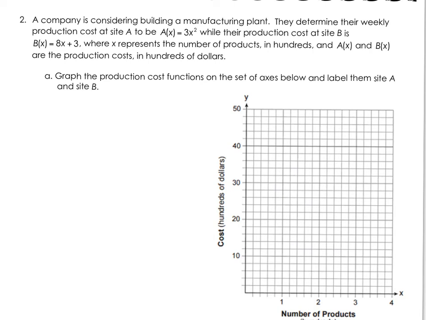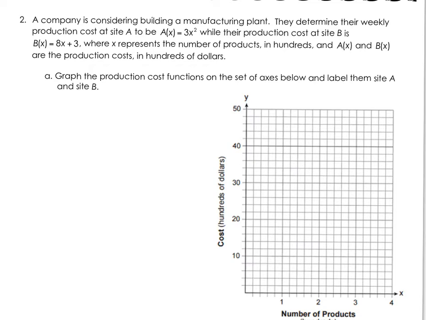Okay, the next question that we're going to look at says that a company is considering building a manufacturing plant. They determine their weekly production cost at site A to be A of x equals 3x squared, while their production cost at site B is B of x equals 8x plus 3, where x represents the number of products in hundreds, and A of x and B of x are the production costs in hundreds of dollars.